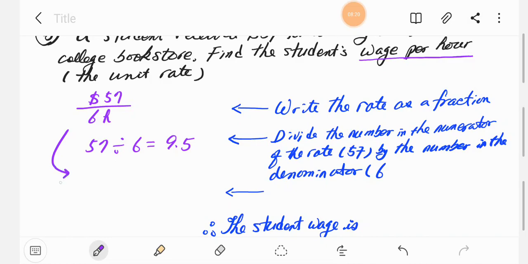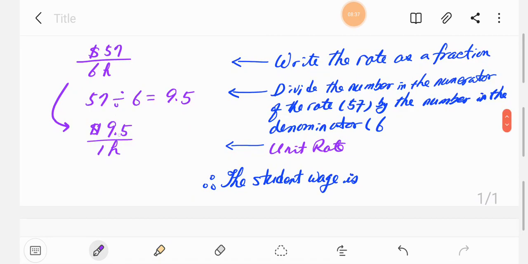So rewrite it as $9.5 per 1 hour. So we change it to the unit rate. This is the unit rate, which means $9.5 is the wage per hour. So the student's wage is $9.5 per hour. Simple, isn't it? That's all about this section.